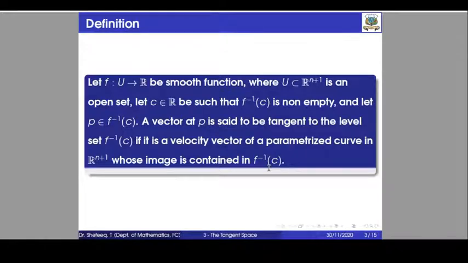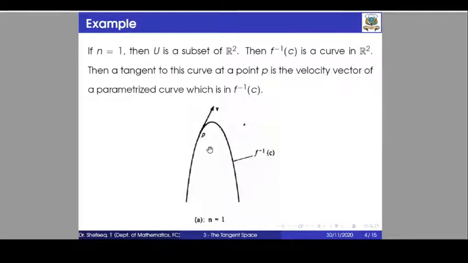So we have seen some examples also. If n equal to 1, then our U is a subset of R^2. That means our level set is a curve in R^2. So if we take any point from this level set, say P, then the tangent to this curve at the point P is the velocity vector of a parameterized curve which is in f inverse c.